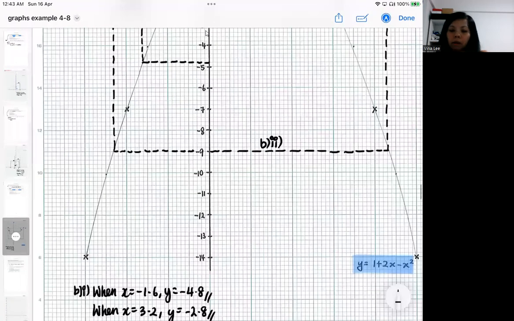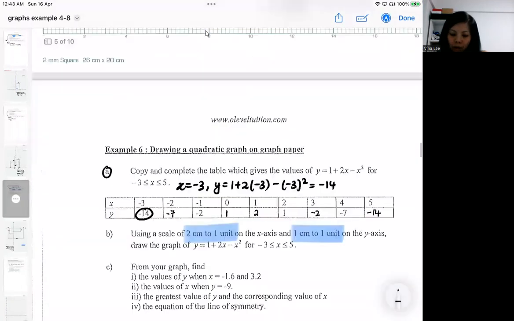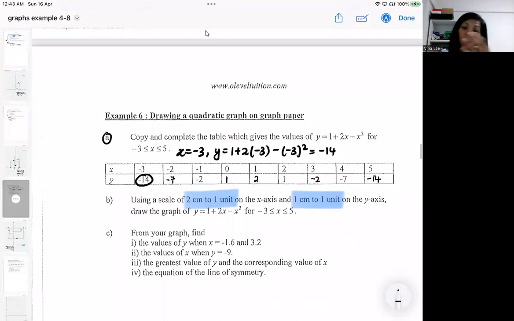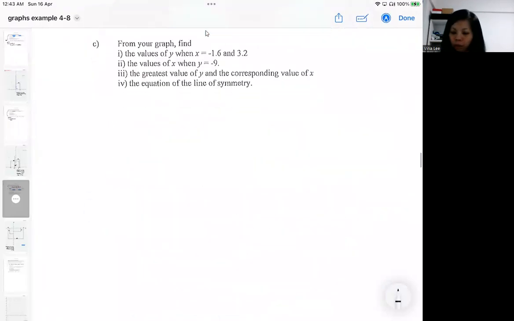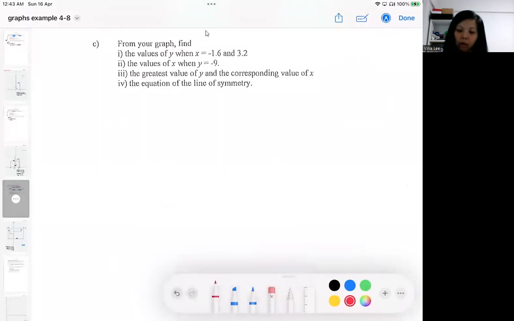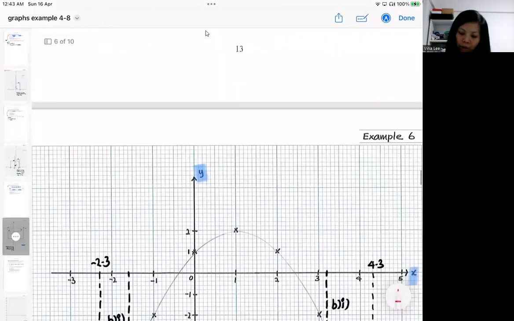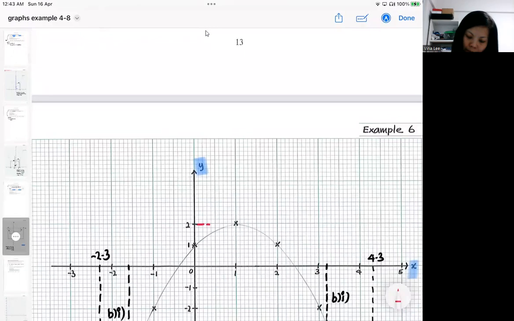Okay, then let's look back again. I need to find the greatest y and the corresponding values of x. Now, this part, some students ask, what is the corresponding value of x? That means you go and look for the highest y first. The highest y, when you touch the graph, you will have the corresponding x.